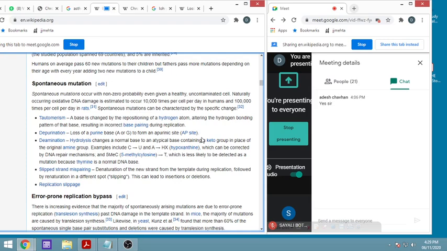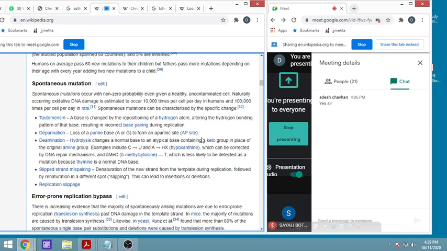Because hydrogen bonding is one of the forces, this change will cause mispairing. That is, instead of the normal AT and GC, instead of AT it can be AG or AC, and vice versa.